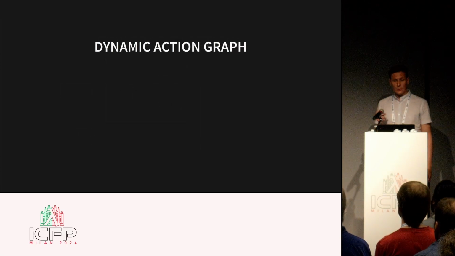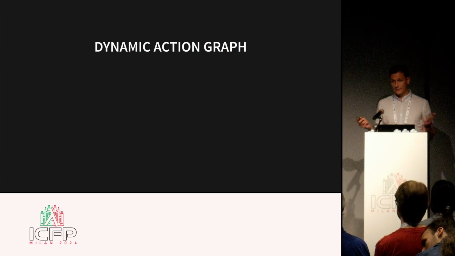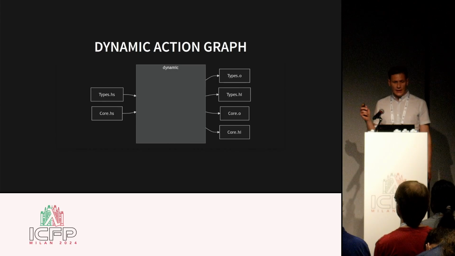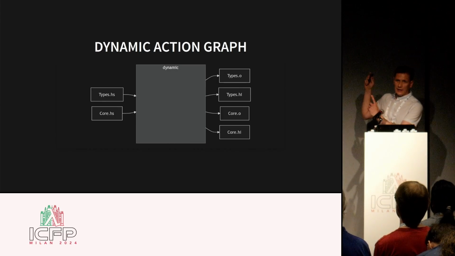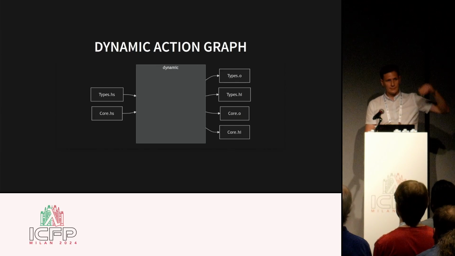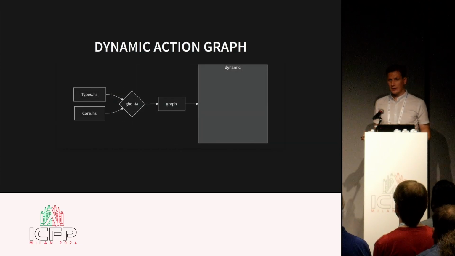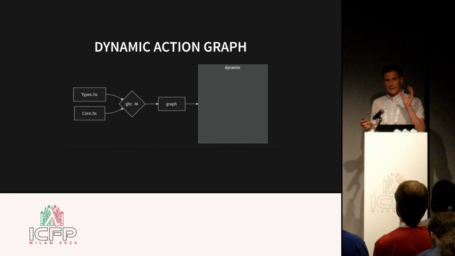Okay. So fortunately, Buck2 has a great feature there, which is that it does support a dynamic action graph. So the target graph is static, but the action graph is dynamic. And that's a feature it has over Bazel, and one of the reasons why we chose it here. The way this looks is, in the beginning, you define a black box dynamic action where you say, here's the scope of possible inputs you can look at, and here's the scope of possible outputs you can generate. Then there is a special action, where we use something like GHC -M, and the output of that can be parsed at build time in our build rule.